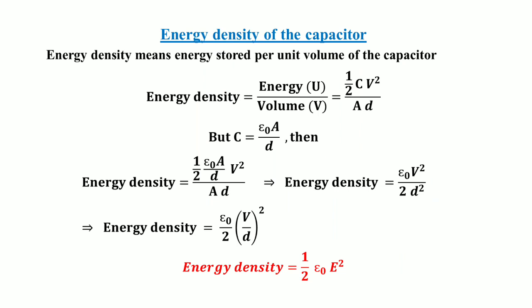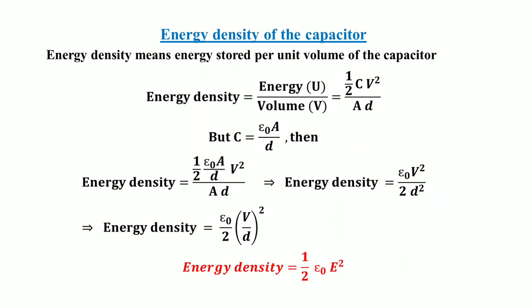For volume, the capacitor area is capital A and the distance between the plates, or length, is D. So area into length is volume, and instead of volume we write A into D. We already derived the parallel plate capacitor capacitance as epsilon 0 A by D, so substituting: half into epsilon 0 A by D times V square by AD. A gets cancelled, and we get epsilon 0 V square by 2D square.